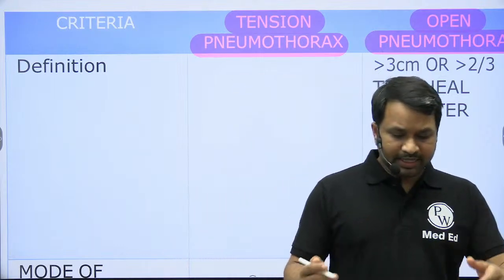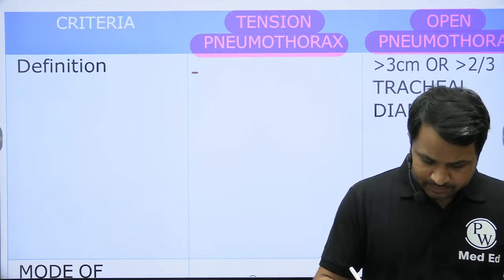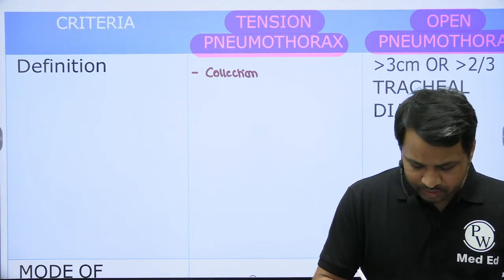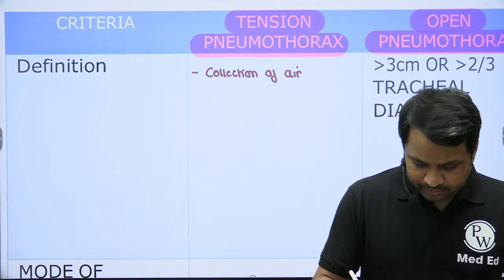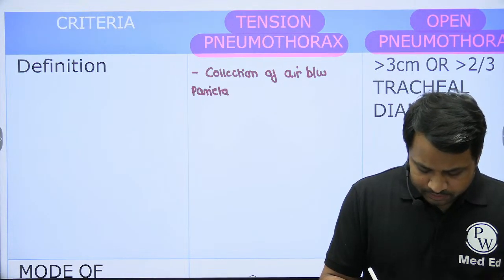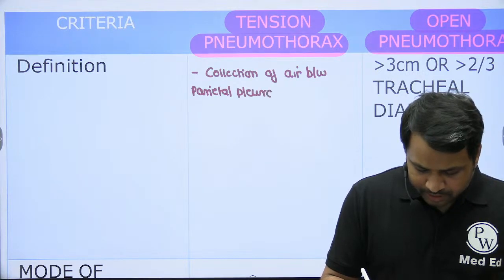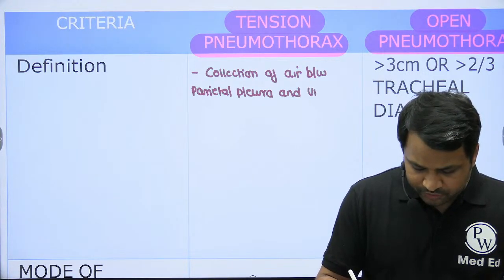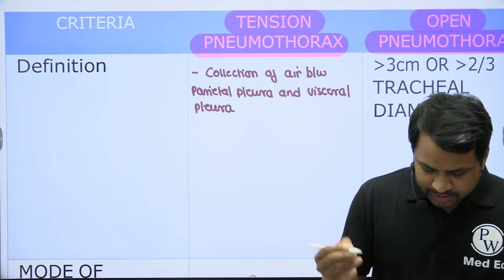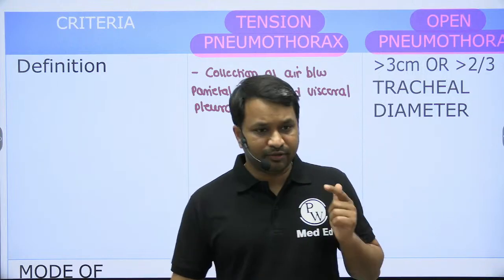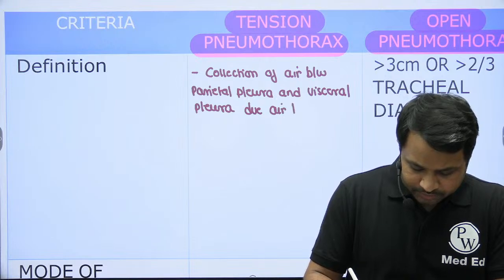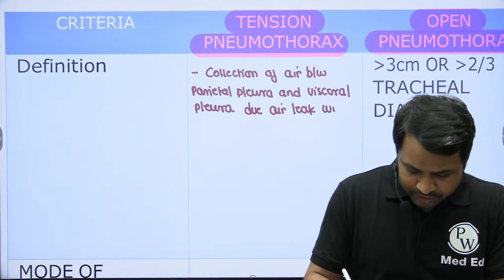Tension pneumothorax is defined as a collection of air between the parietal pleura and visceral pleura due to air leak within the thoracic cavity.